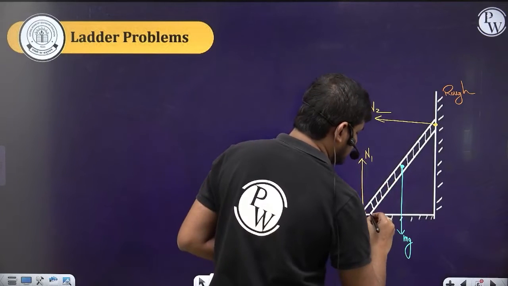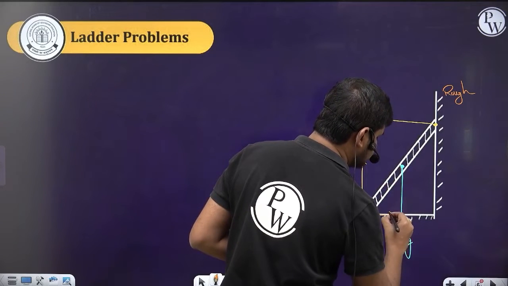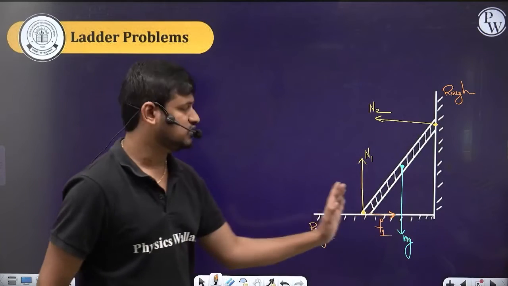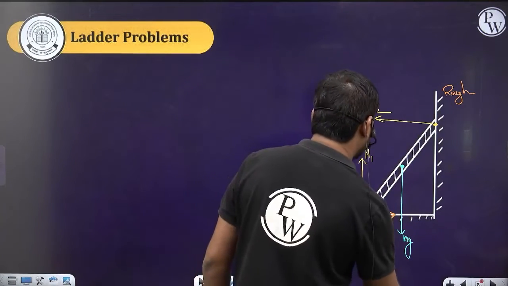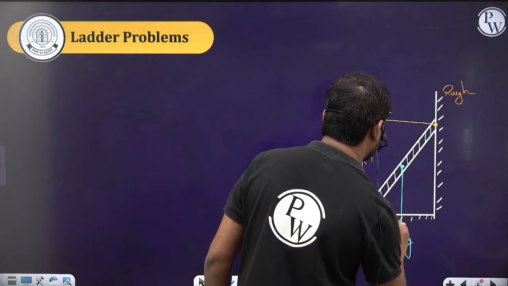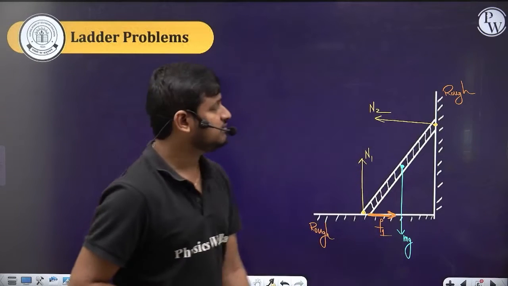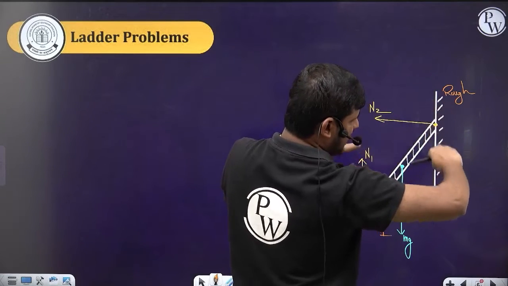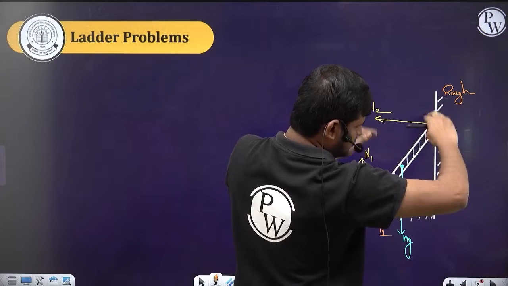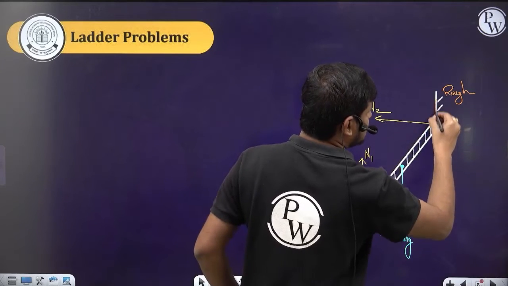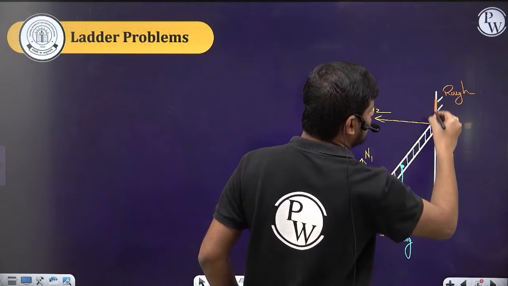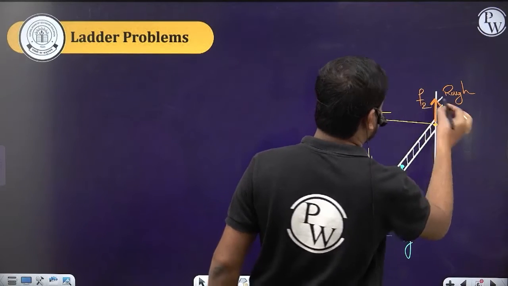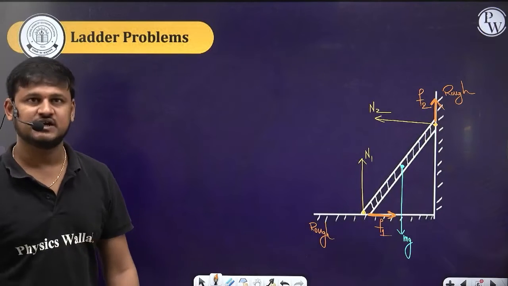The friction opposes the relative motion, so the frictional force F1 should act to the right side. Yes or no? Similarly, at the vertical wall the ladder tends to move downward, so the frictional force F2 should act upward.